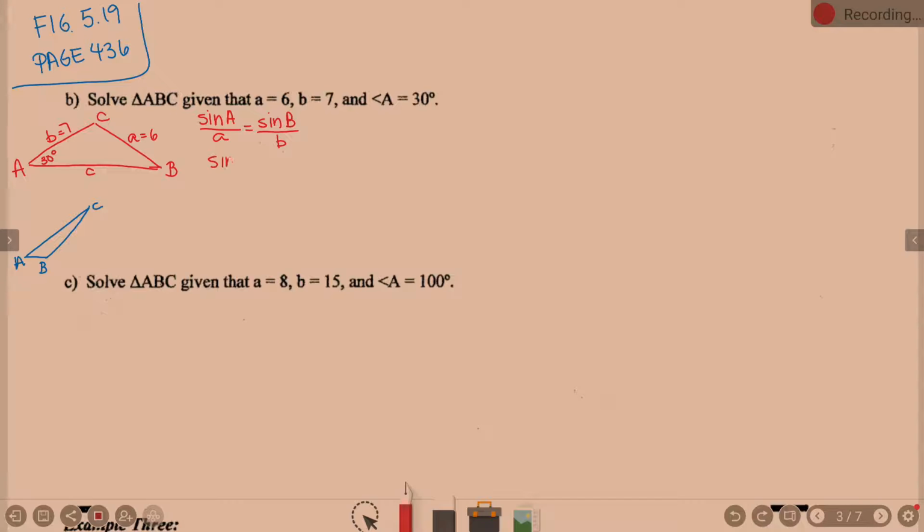So sine of 30 degrees over 6 equals sine of B, which I don't know yet, over 7. Same old math, cross products. So 6 times sine of B is equal to 7 times sine of 30.